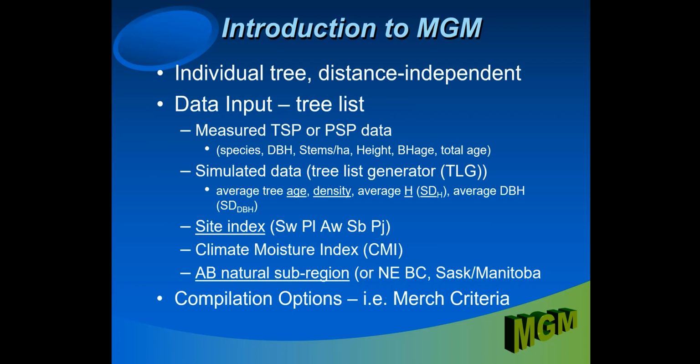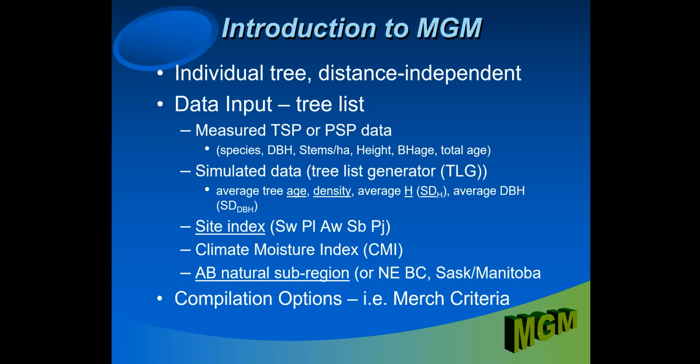MGM is individual tree, therefore it's a tree list. And it can take measured TSPs or PSPs. The required data is usually species, DBH, stems per hectare, density, height, breast height age, and total age. We can also simulate trees with the tree list generator, and this is an internal function.